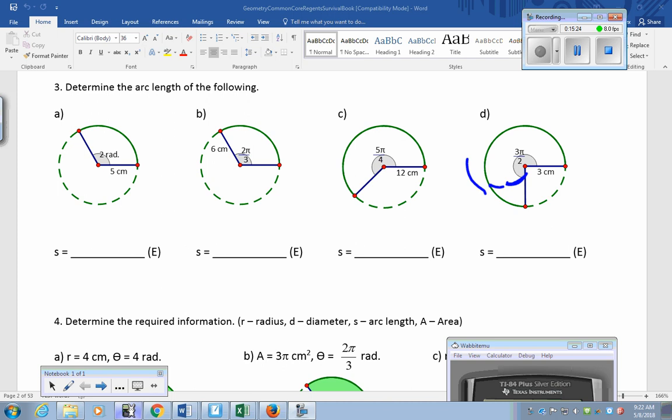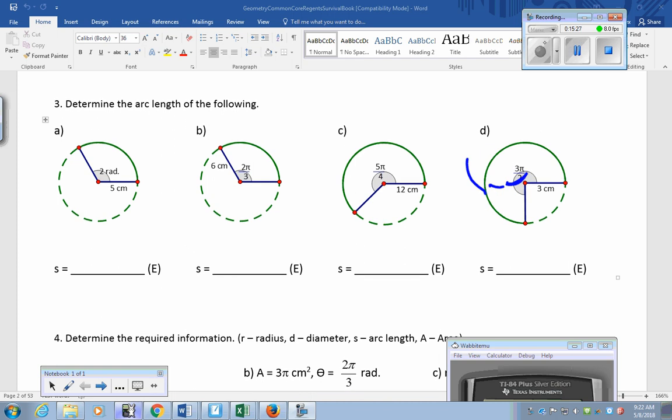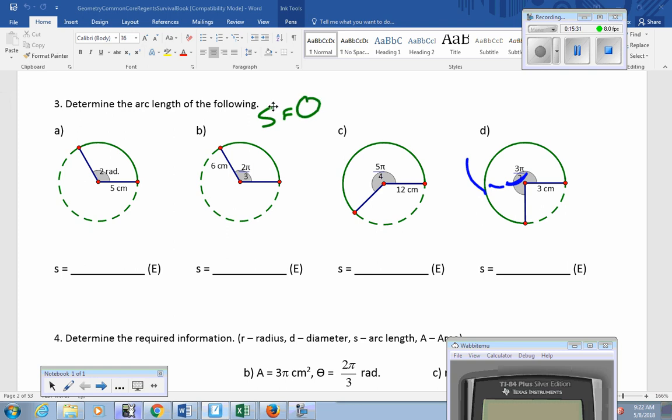We're going to find the arc length. And it says on the page before it, the arc length is going to be theta times r. So theta is 2 pi over 3 times the radius, which in this case is 6.